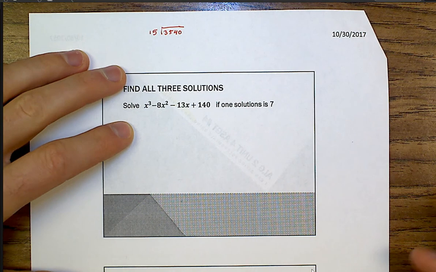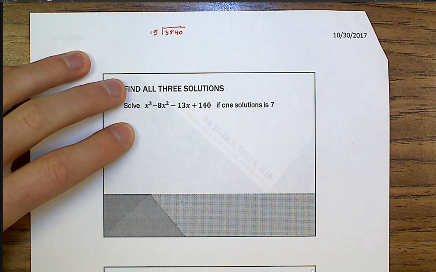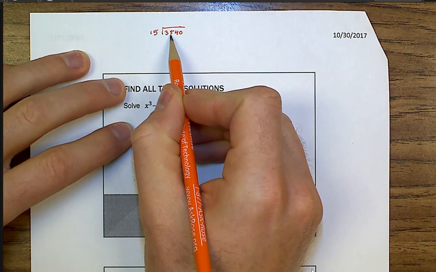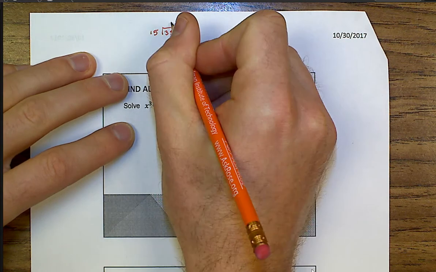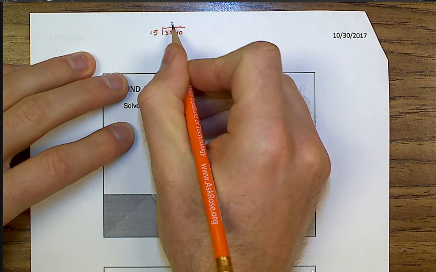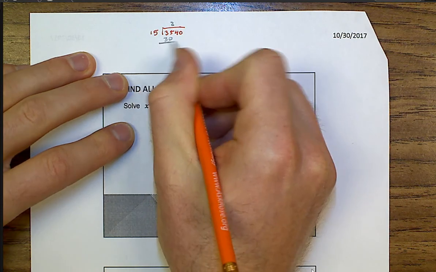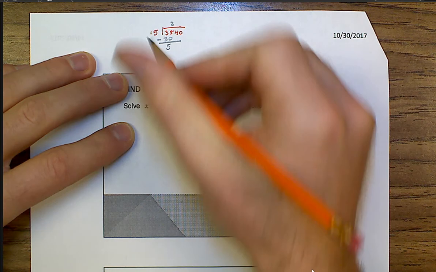You look at the first 2 digits and ask, how many times is 15 going into 35? Twice, right? 2 times 15 is 30, and you subtract them and get a 5. Then you pull the next number down.